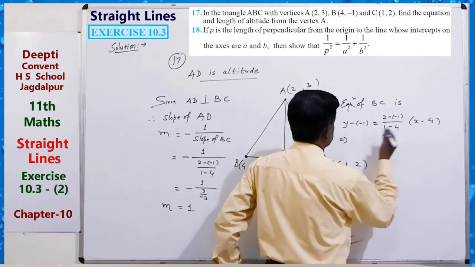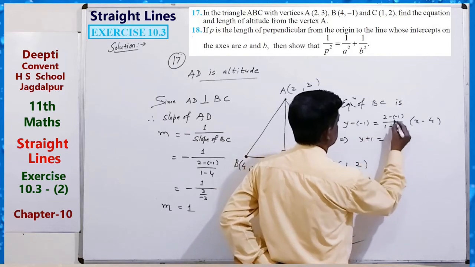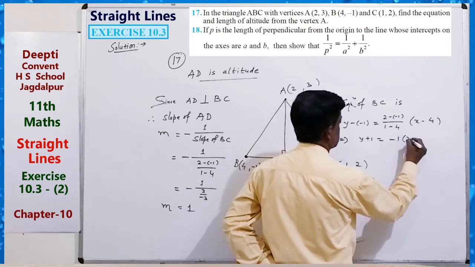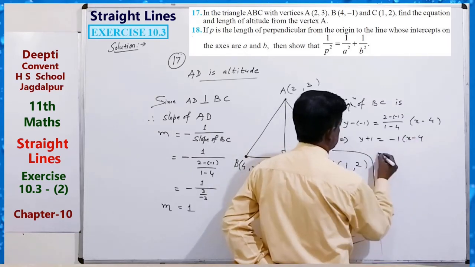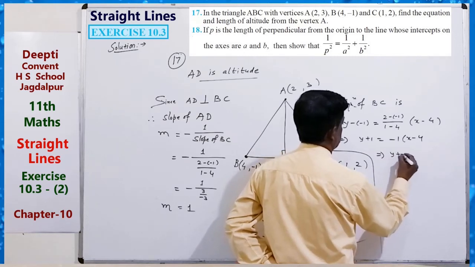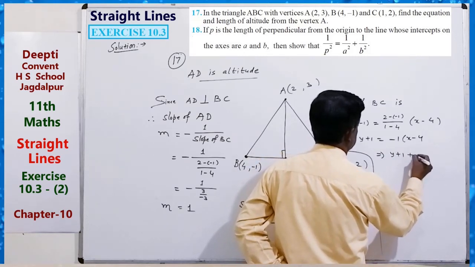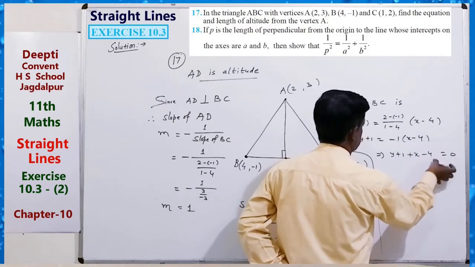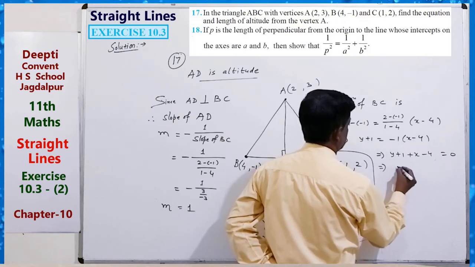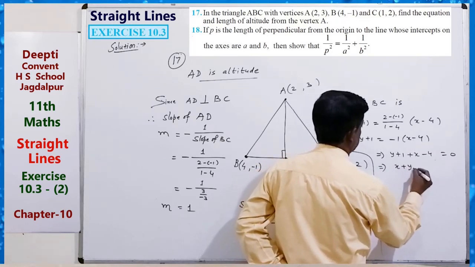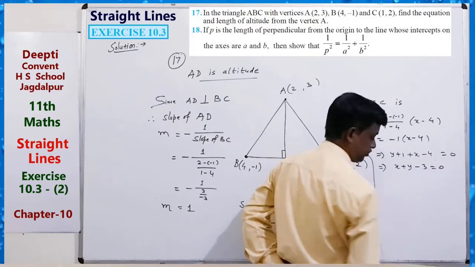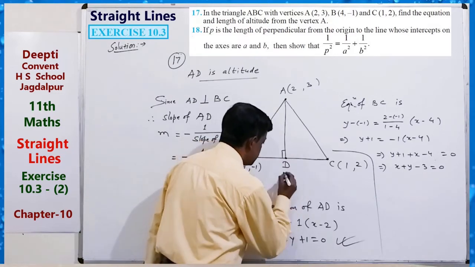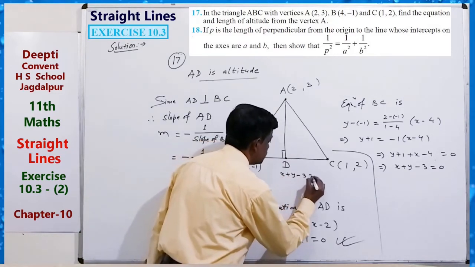So here y plus 1 equals 3 upon minus 3, times (x minus 4). So here we get y plus 1 plus x minus 4 equals 0, so x plus y minus 3 equals 0. Okay, so the equation of BC is x plus y minus 3 equals 0.